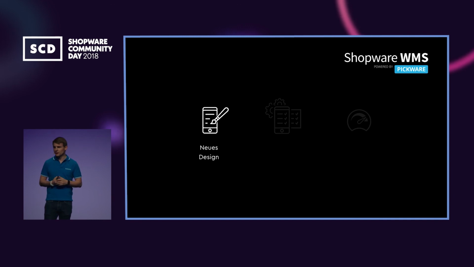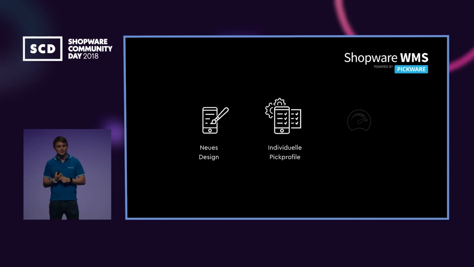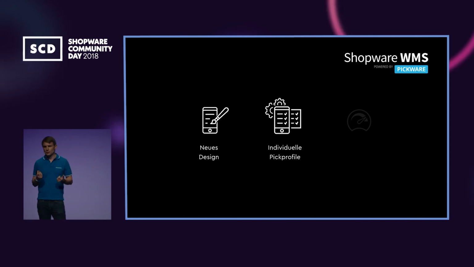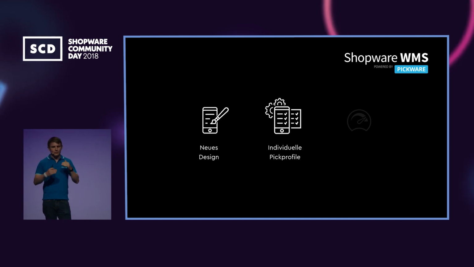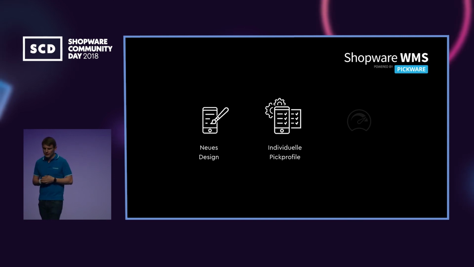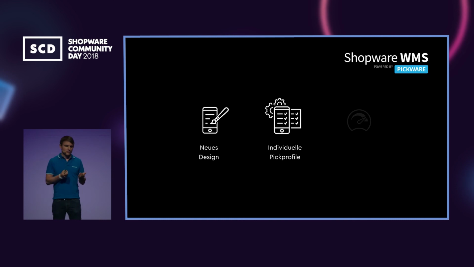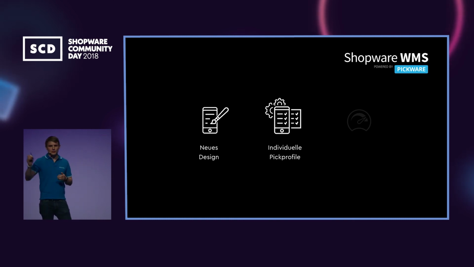In addition, we have got individual pick profiles. So for the bigger dealerships we can work rule-based in the back end and create pick profiles. You can access all the data: postal code, services of the forwarding agents, quantities of articles. You can define the rules, designate them, and they will then appear in the dispatch app. You could say, for example, my DHL driver will come at 12 o'clock.